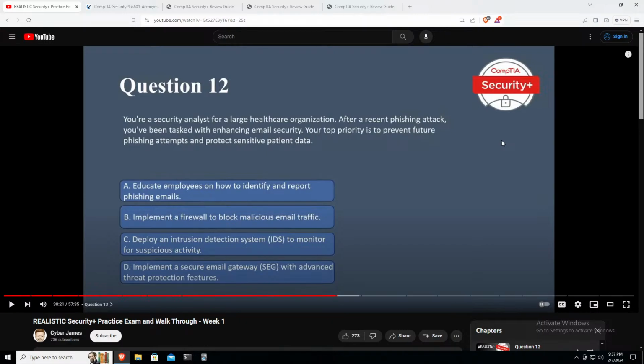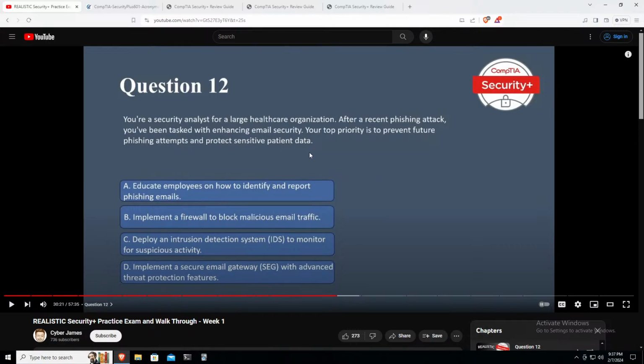I kind of would do D and A. I'd implement D to help prevent the attempt from happening, but then I'd also educate the staff at the company through various security awareness training programs that would be set up at the company.